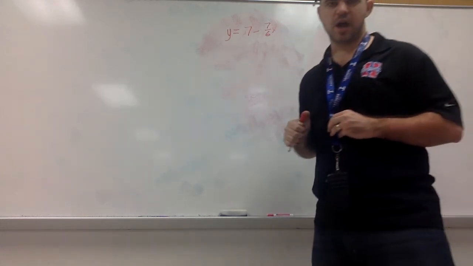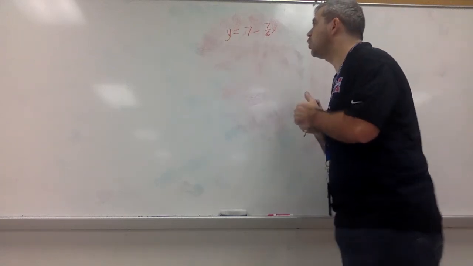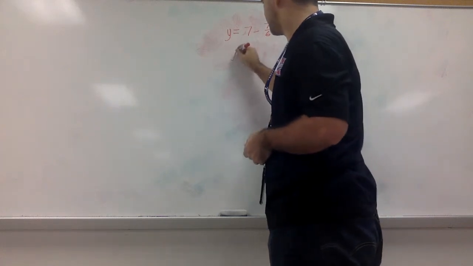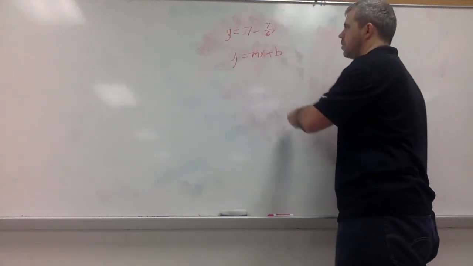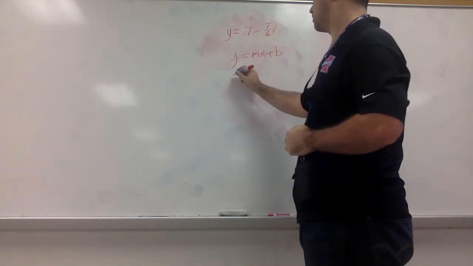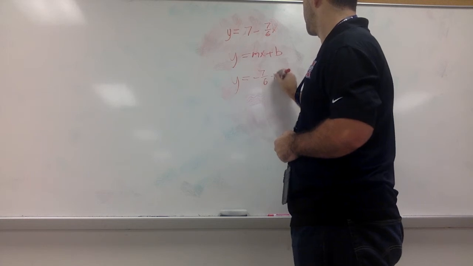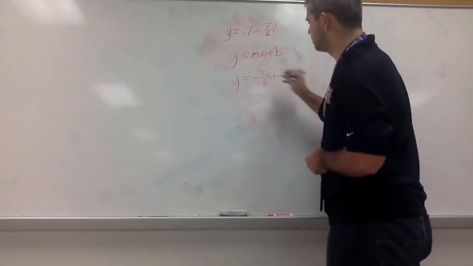All right. So here it wants us to find the slope and the y-intercept. I'm going to rewrite this. So remember, this is slope-intercept form. So I'm just going to move these around using the commutative property. Oops, there we go.